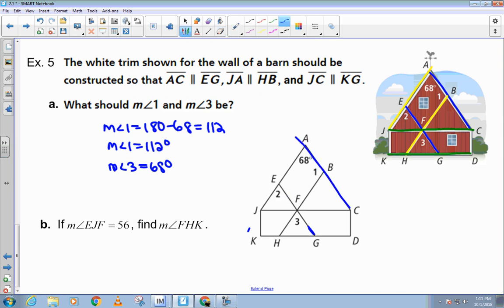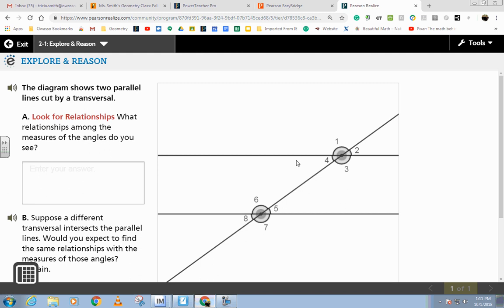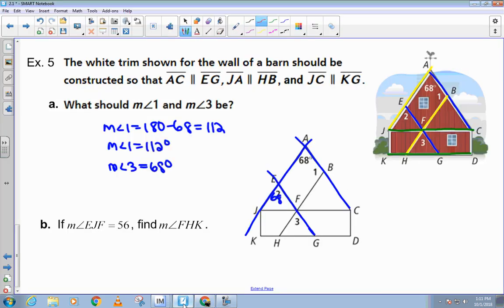This line and this transversal, those are corresponding. Okay, so you could have got 68 here, and then I could have looked at this line and this transversal, and those are corresponding. So I could have done it like that. That was another way you could have gotten to it. Okay? But I don't see an alternate exterior there. That makes sense. Okay.